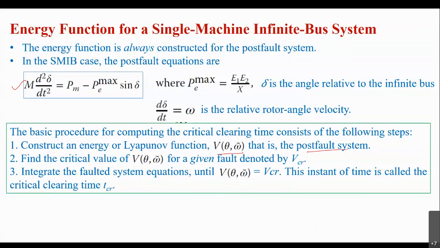Then from this we'll find the critical value of V theta omega tilde for a given fault, denoted by V critical. Then we'll integrate the faulted system equation until V theta omega will be equal to V critical, and after integrating we'll get the critical clearing time.